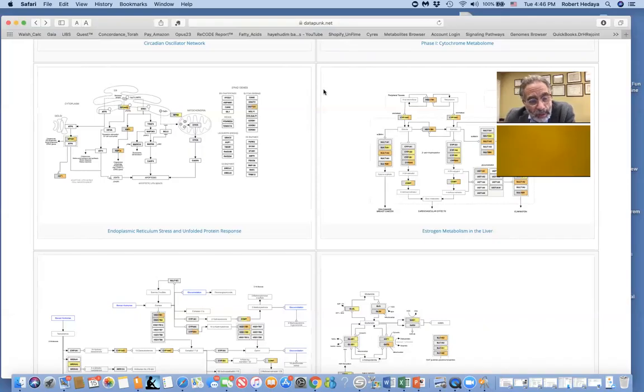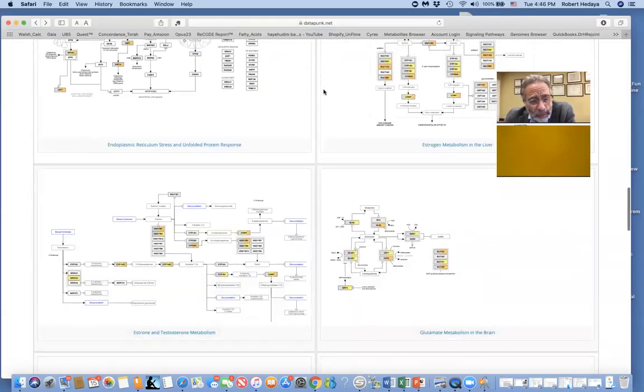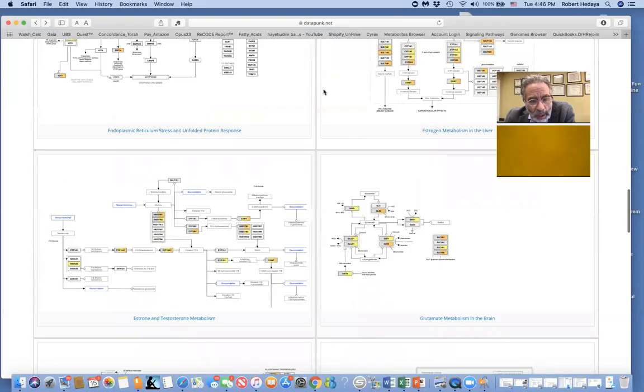And I'll just add one other thing. We take these genetic networks, and we don't just say, oh, you've got an abnormal gene, therefore you have a problem, because sometimes genes are buffered by other genes. So what we do is we take these genetic networks and we overlay them on your history, your physical, and also on the lab data that we get. And then we can see which genetic networks are acting up, which ones will require long-term supplementation, and which ones don't.